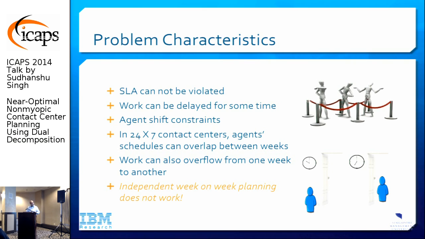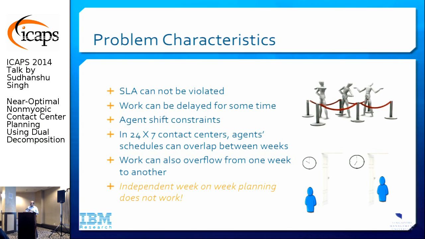Now, why I mention that is because the literature that is available in this domain is mostly for the case of call centers. Now, in call centers, there is hardly any work overlap from 1 week to another. So you can solve each week's problem separately and say, okay, you need this many people in this week, this many people in next week, and so on. But that quality doesn't hold true here, because if you have an SLA of 2 days, then definitely your work is overflowing from 1 week to another as well.